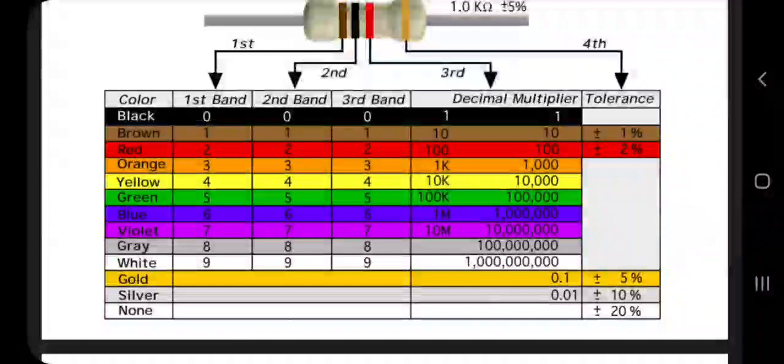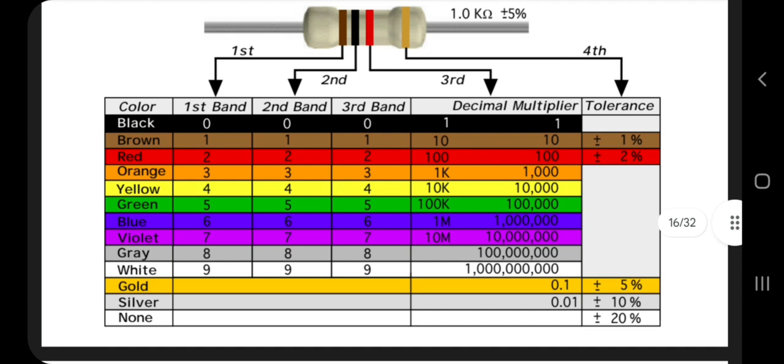For the first band, according to the color, black is 0, brown is 1, red is 2, orange is 3, yellow is 4, green is 5, blue is 6, violet is 7, grey is 8 and white is 9.